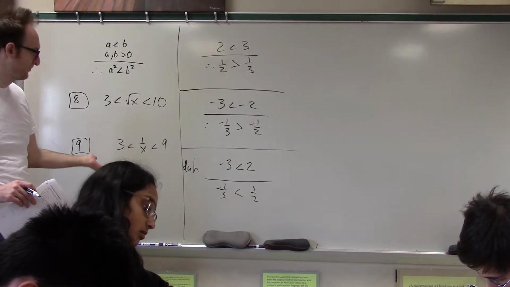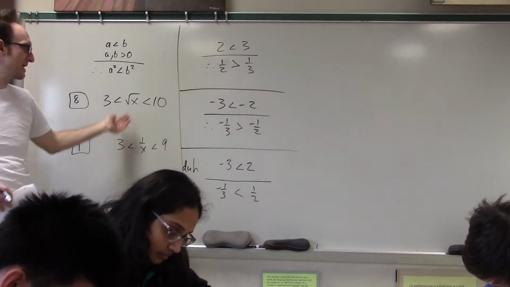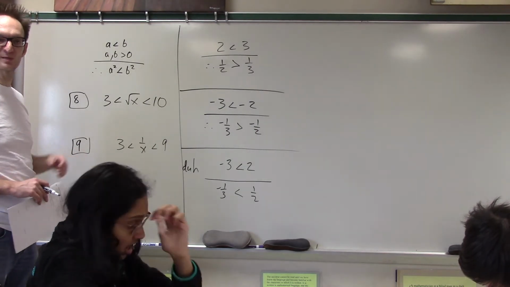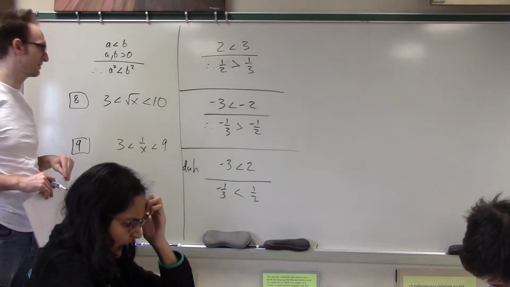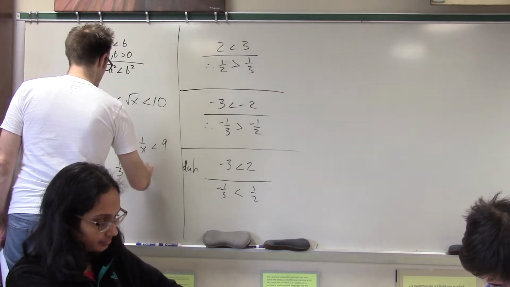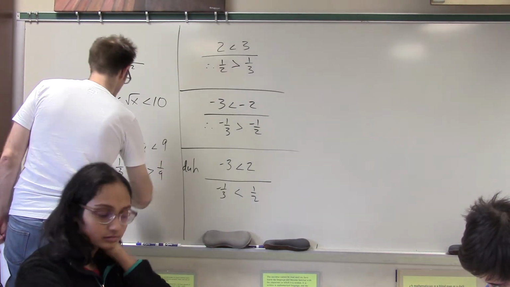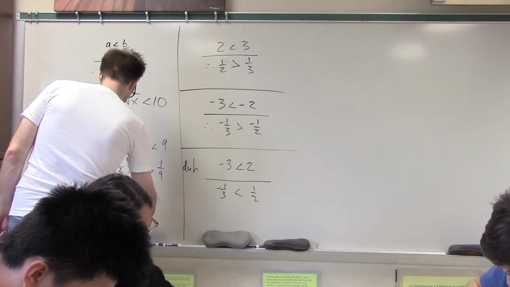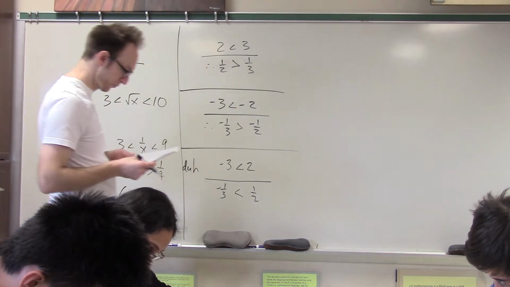Because 1 over x is between 3 and 9, so 1 over x is positive, so x is positive. So all 3 of these are positive. If all 3 are positive, just reciprocate, boom, and flip the sign, and we're done, right? 1/3 is greater than x, which is greater than 1/9. Answer: everything between 1/9 and 1/3.